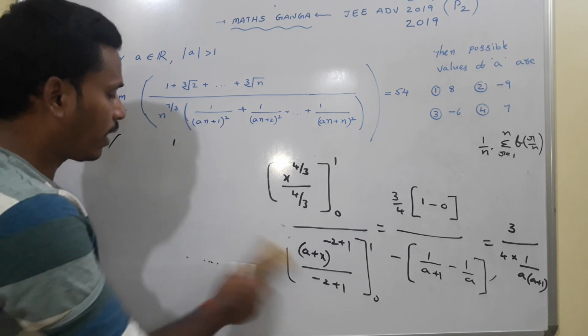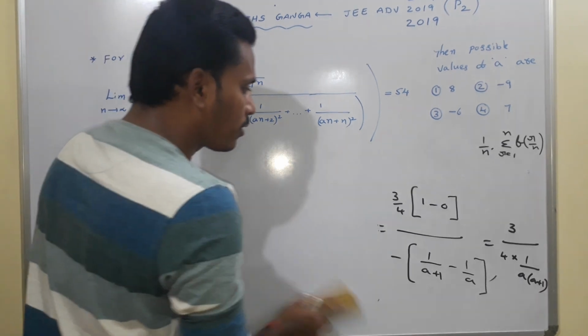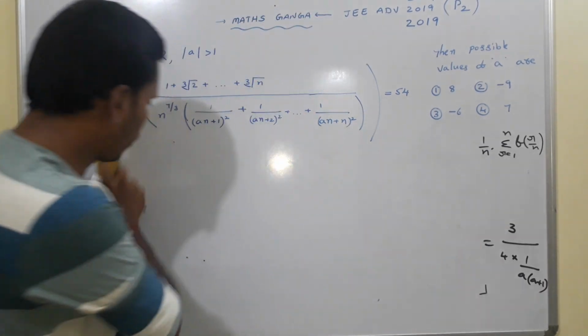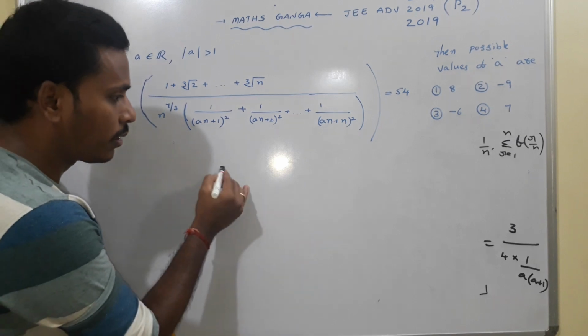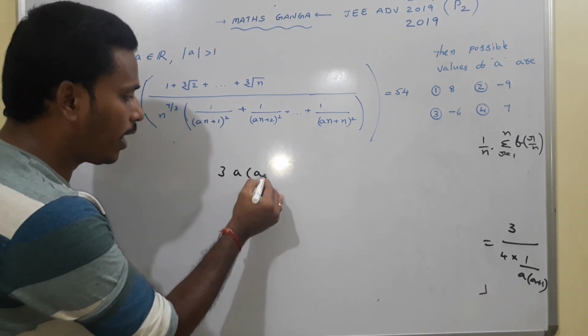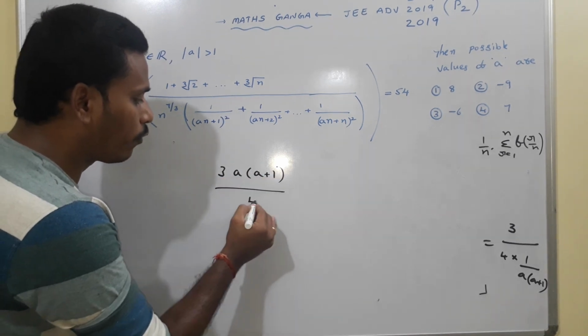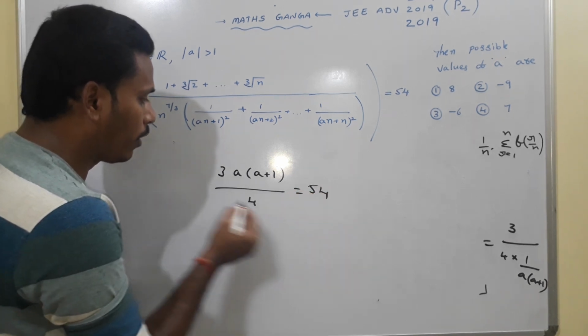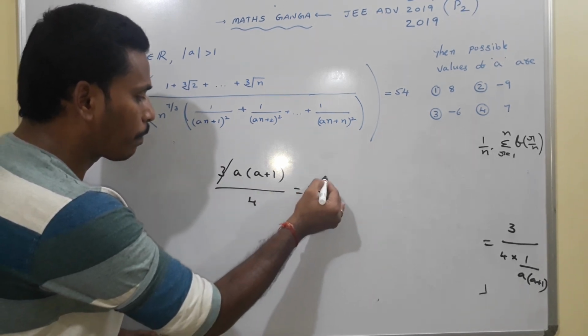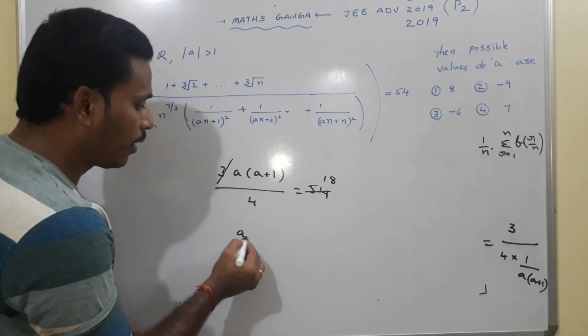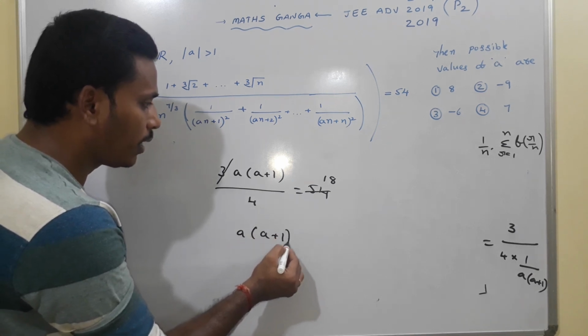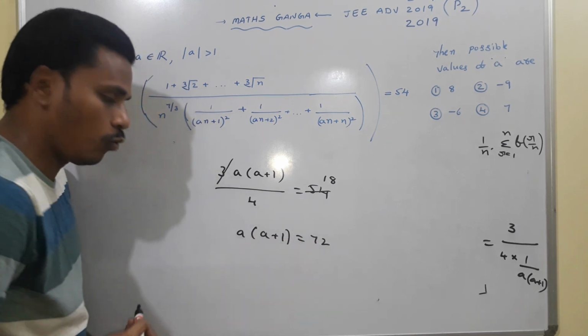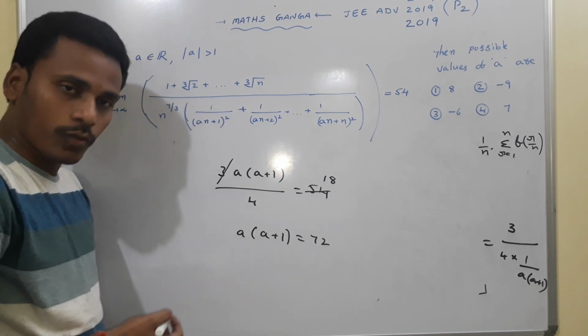What I have now is 3 times a(a + 1) divided by 4 equals 54. This is nothing but 3 × 18, and then a(a + 1) is again nothing but 72. Right. So a(a + 1) is 72.